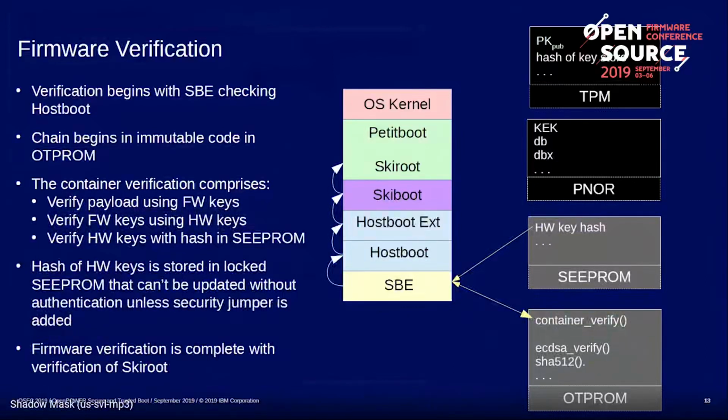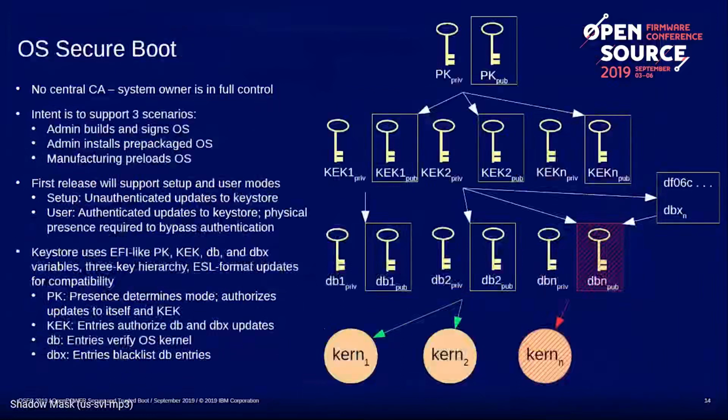So hopefully we don't have any bugs in it. I already mentioned you can update it with a security jumper. And then this chain of trust comes to an end. It's key root as well, and that's our layer that, remember, that's our Linux kernel that executes our bootloader.